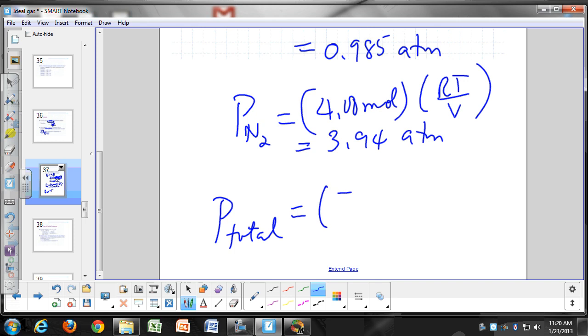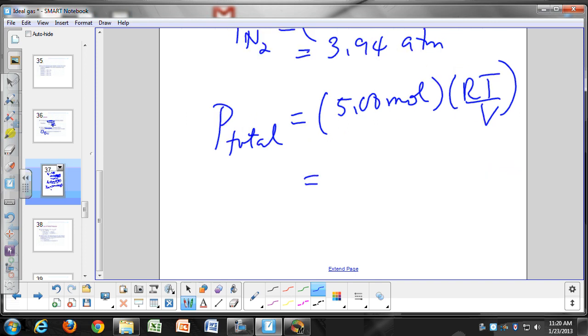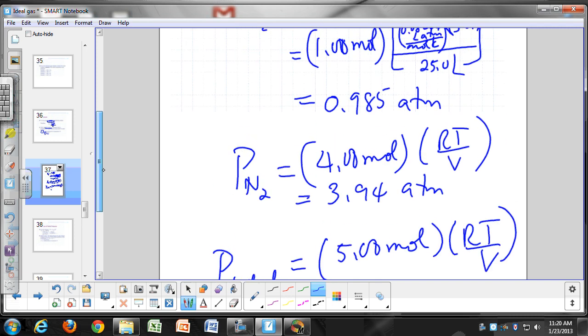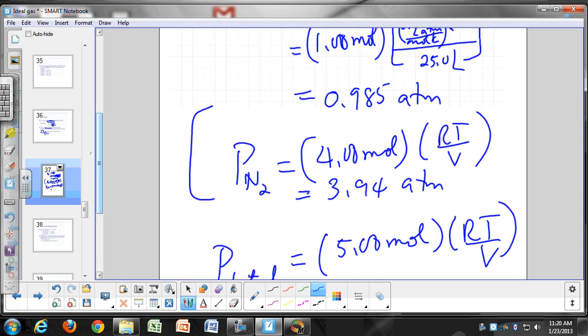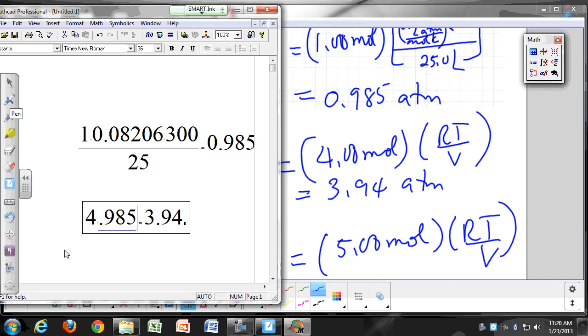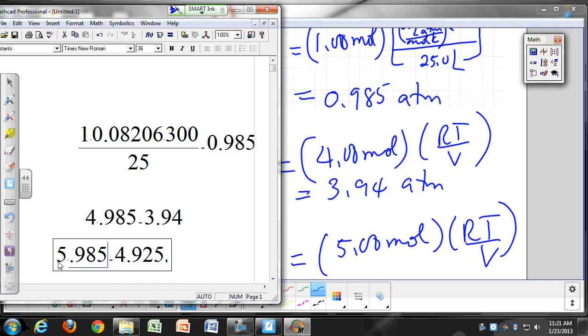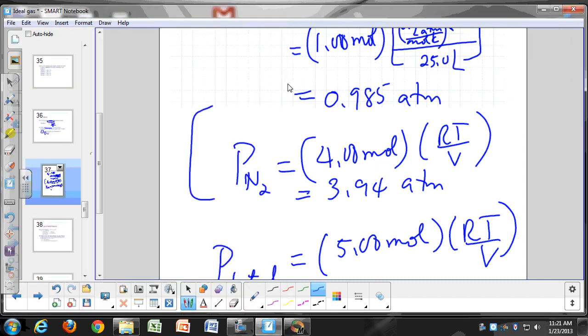It's just 5 moles total, right? 1 mole of O2, 4 moles of N2 times RT over V. What do you think this is going to be? 5 times 0.985, or you just add up these two, right? So 5 times 0.985 is 4.925, which is just the sum of the two.